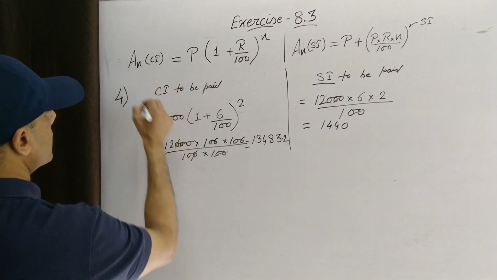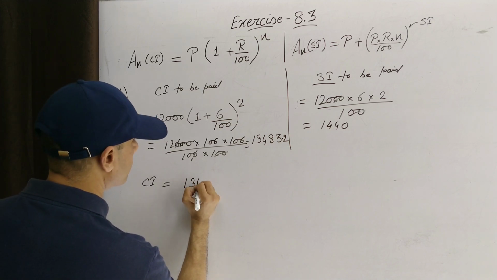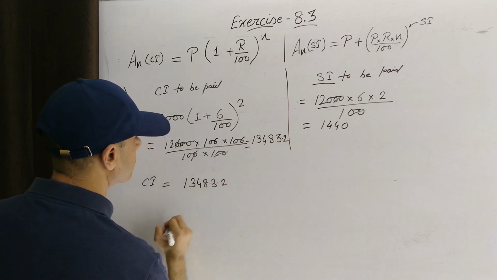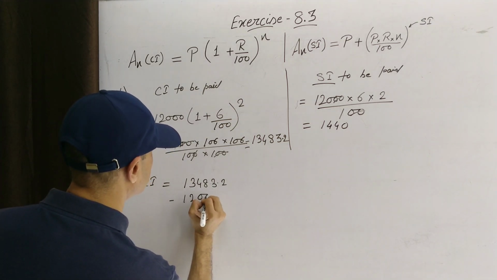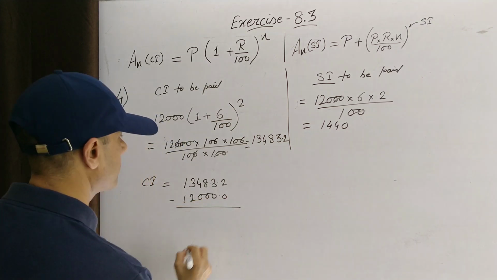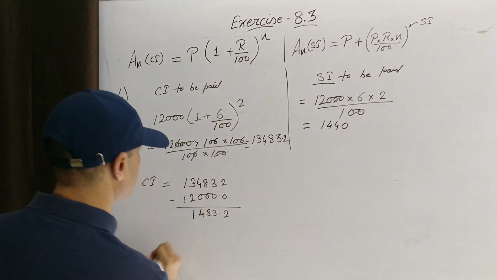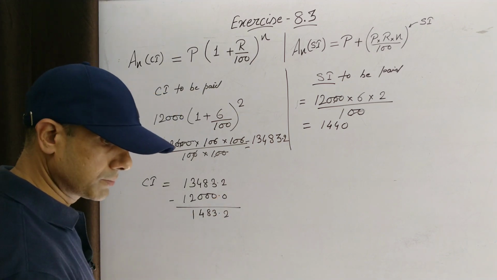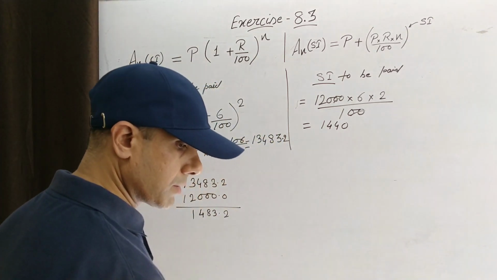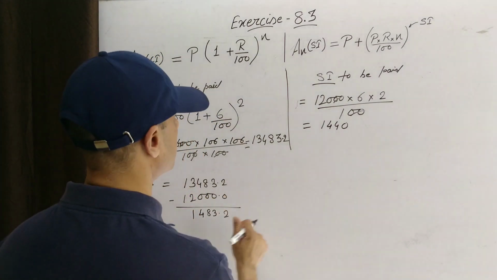This is the amount. Compound interest is equal to 13,483.2 minus the principal amount, that is 12,000. This equals 1,483.2. Now, what extra do I have to pay if the calculation is by compound interest?